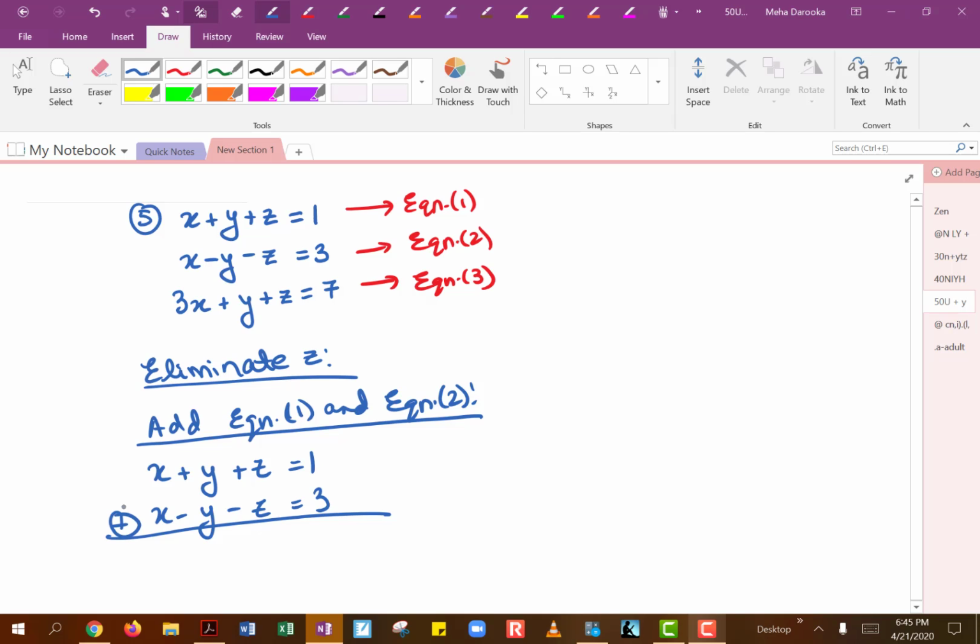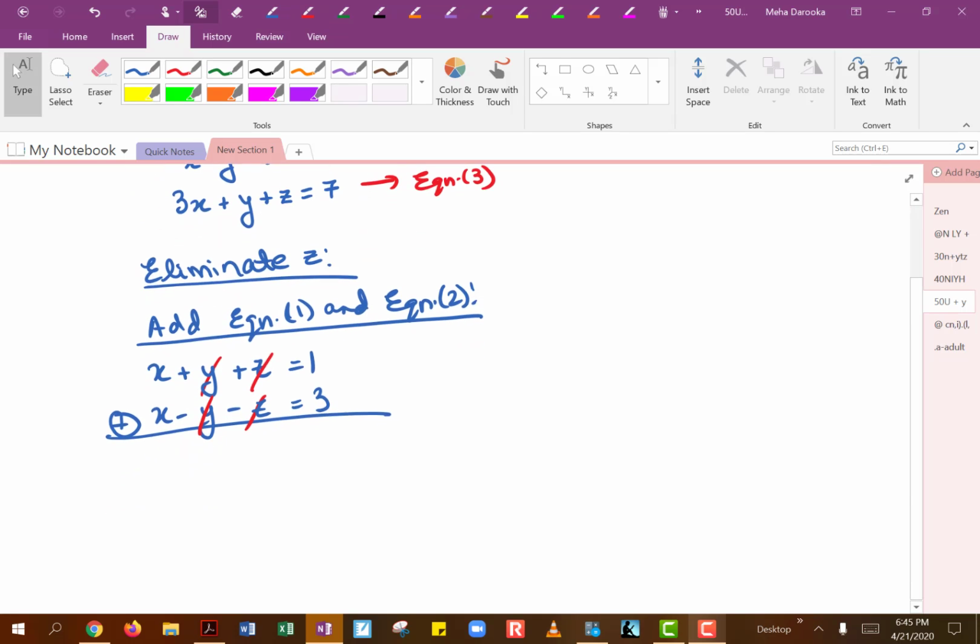When we add these together, x will stay, positive y cancels out, positive z and negative z cancel out, leaving us with 2x equals 4. So let's solve for x, divide both sides by 2, and you get x equals 2. Let's call this equation 4, okay?